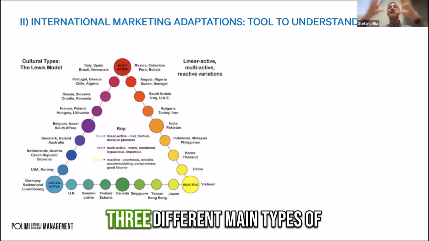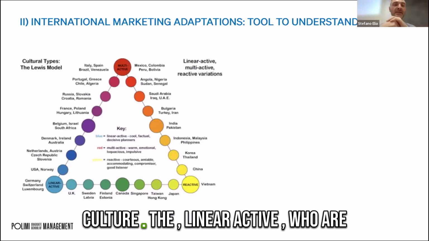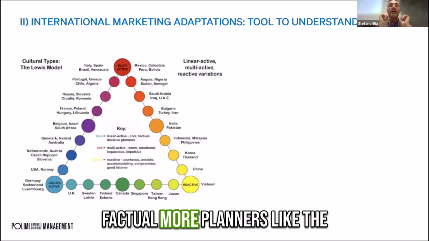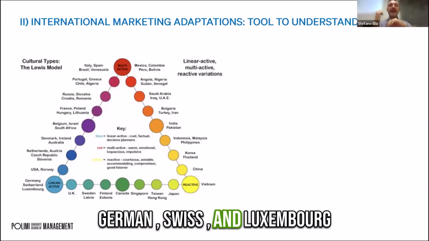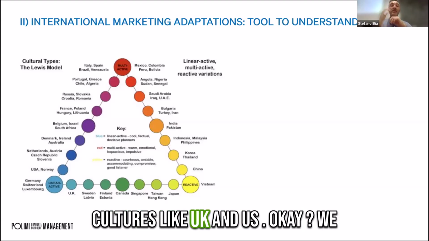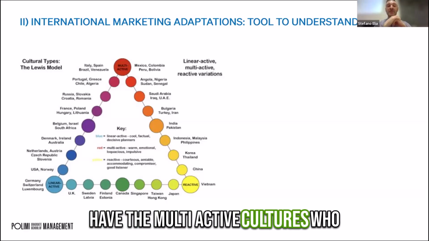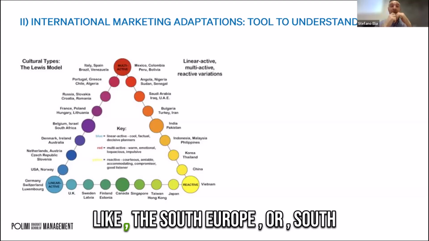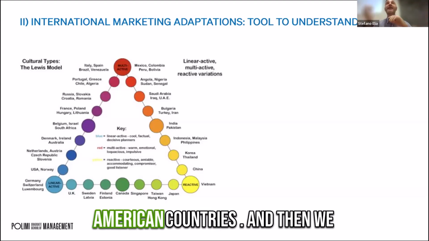Basically, they classify three main types of culture. The linear-active, those that are typically more factual, more planners, like the German, Swiss, and Luxembourg cultures, like the UK and US, okay? We have the multi-active cultures, those that are more emotional, loquacious, impulsive, like the South European or South American countries.